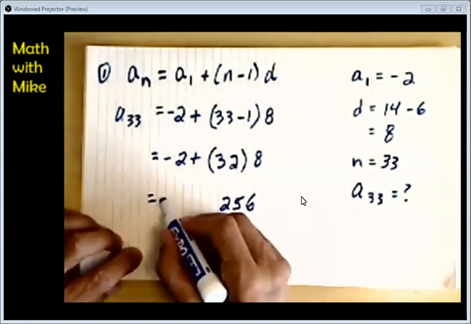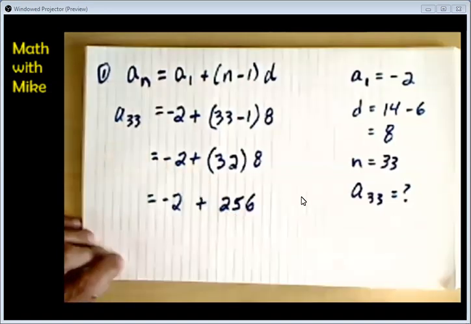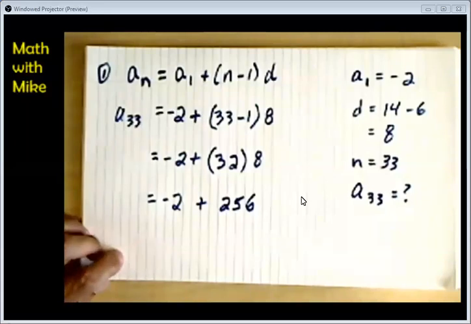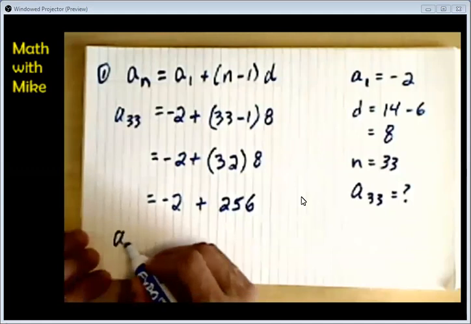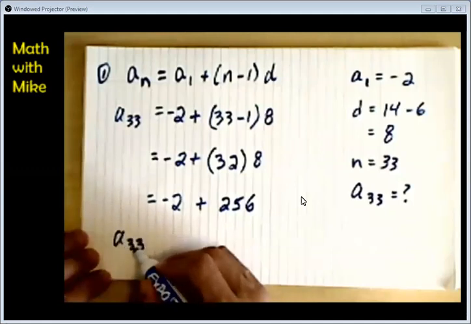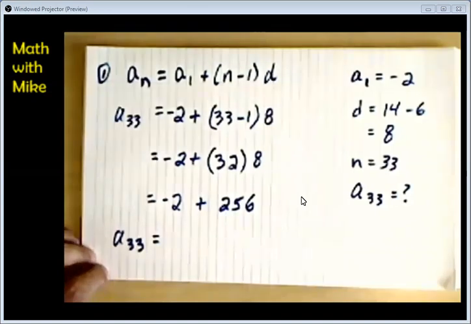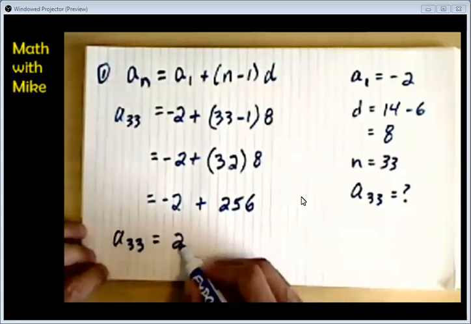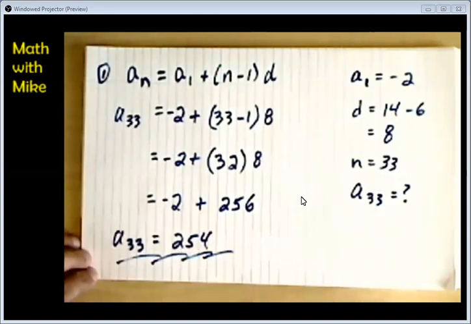And there's that minus 2 out in front, and we'll be adding those together. And so, $1 million question. We got negative 2 and then plus 256. Final answer? Yeah, 254. And that will be the first warm-up question finished there.